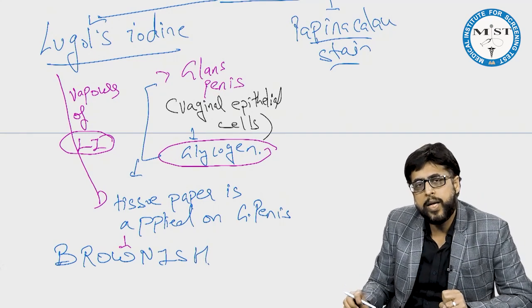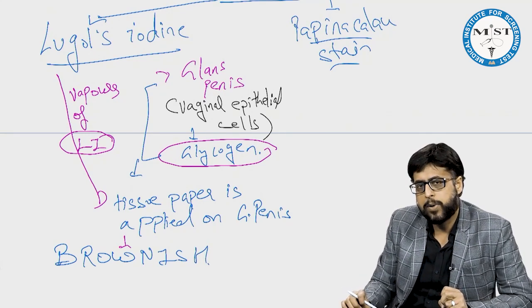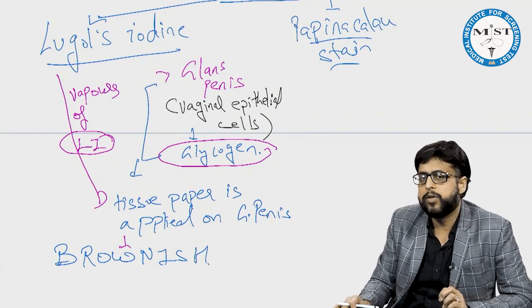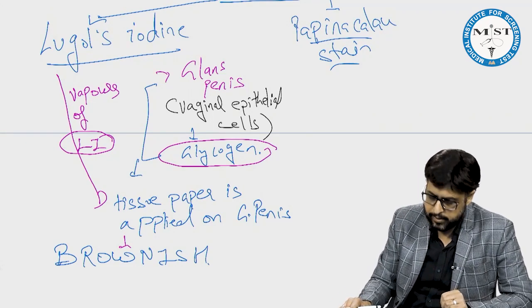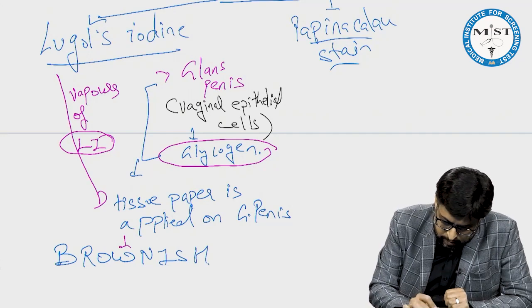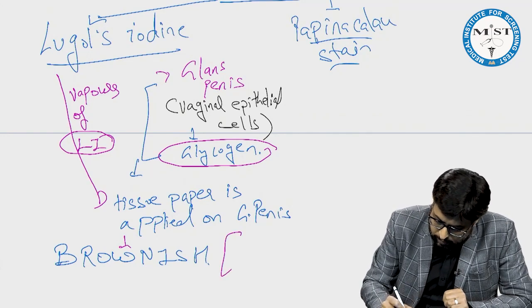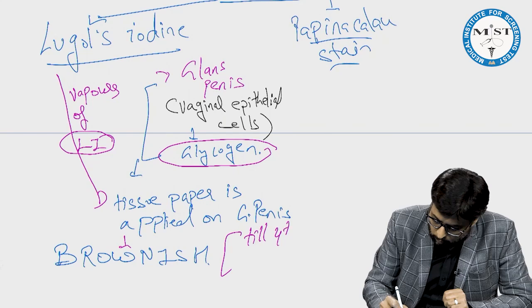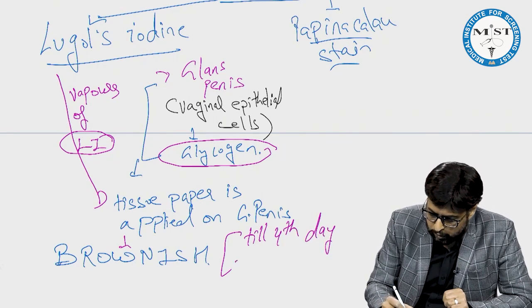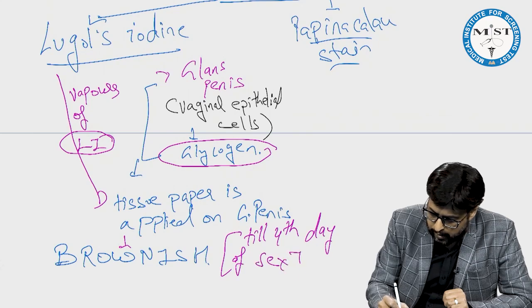This brownish color will indicate that vaginal epithelial cells were present, and this test is positive till the 4th day of sexual intercourse.